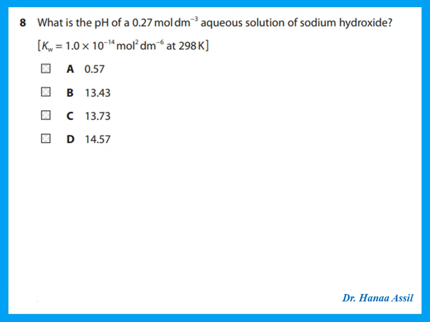What is the pH of this solution of sodium hydroxide? And he gives me that the Kw is 10 to the minus 14. Okay, so he wants the pH of a solution of sodium hydroxide. Well, you know that sodium hydroxide is a strong base, so when it ionizes it will give sodium ions and OH minus ions. So actually the concentration of the hydroxyl ions is the same as the concentration of the sodium hydroxide solution.